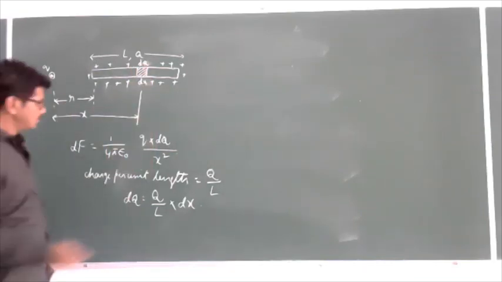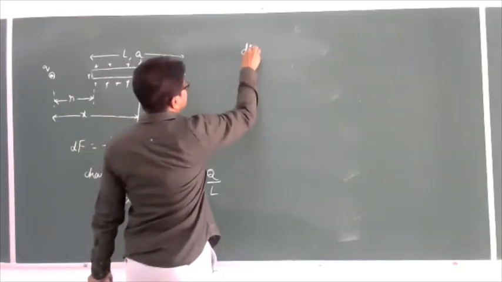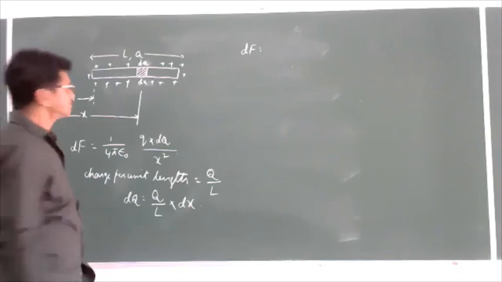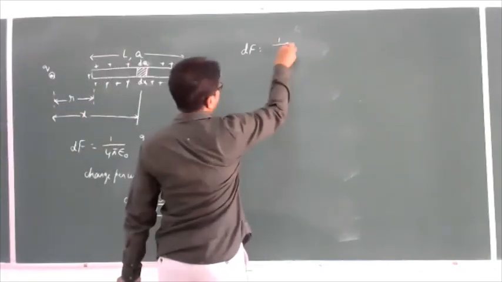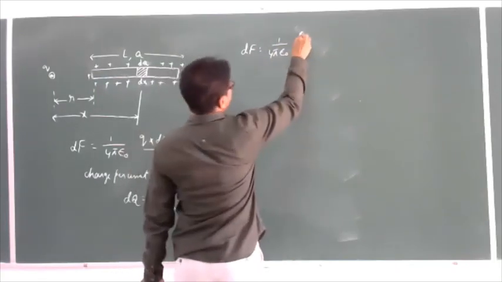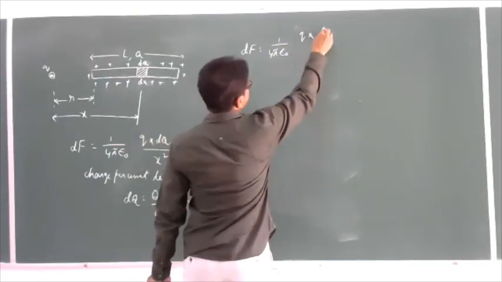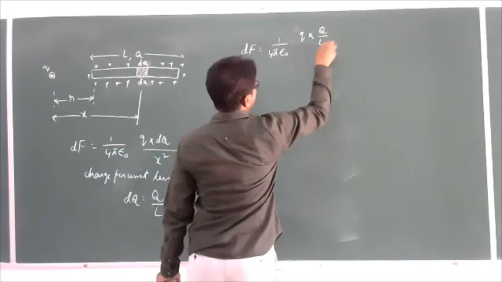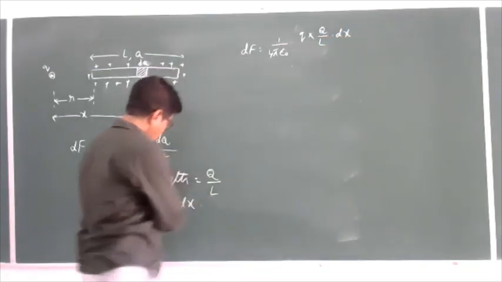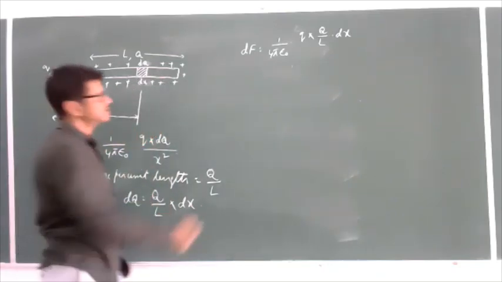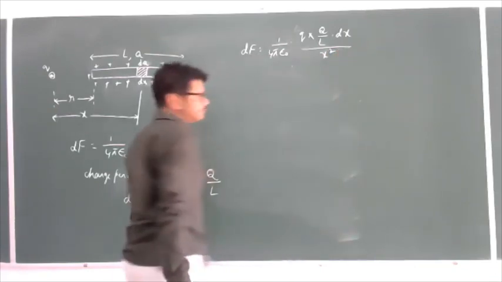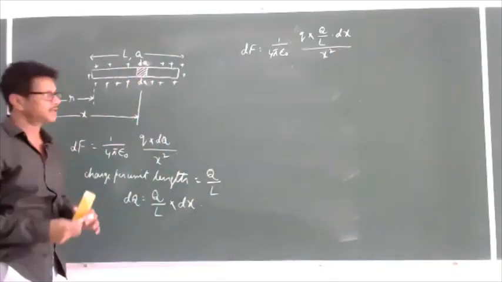Then I will write dF is equal to 1 by 4 pi epsilon naught, small q into dq, which is nothing but Q by L into dx, divided by x square.